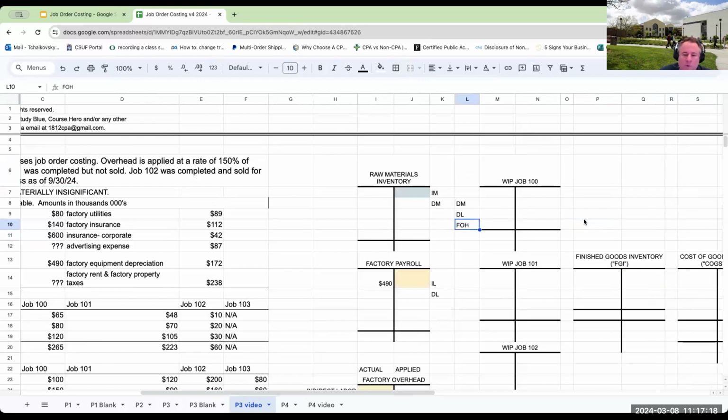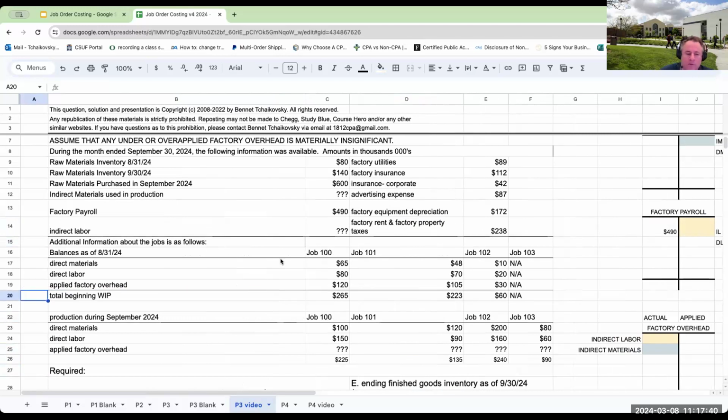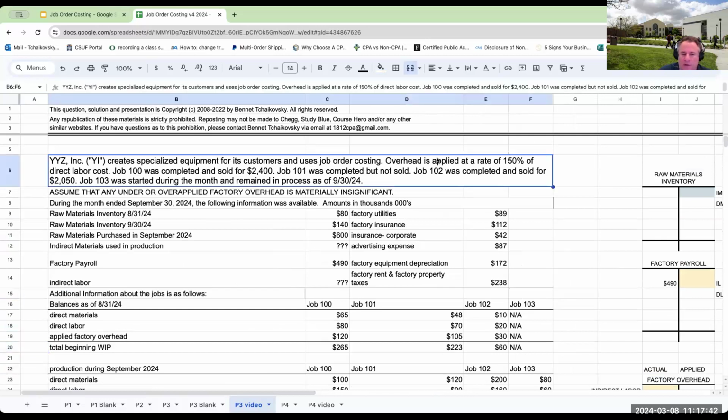So we're basically going to be estimating our overhead based on direct labor costs that are going into the other parts. And that's how this is going to be a little bit different than what we've been doing previously. Now, if I take a look over here, overhead is applied at a rate of 150% of direct labor cost.